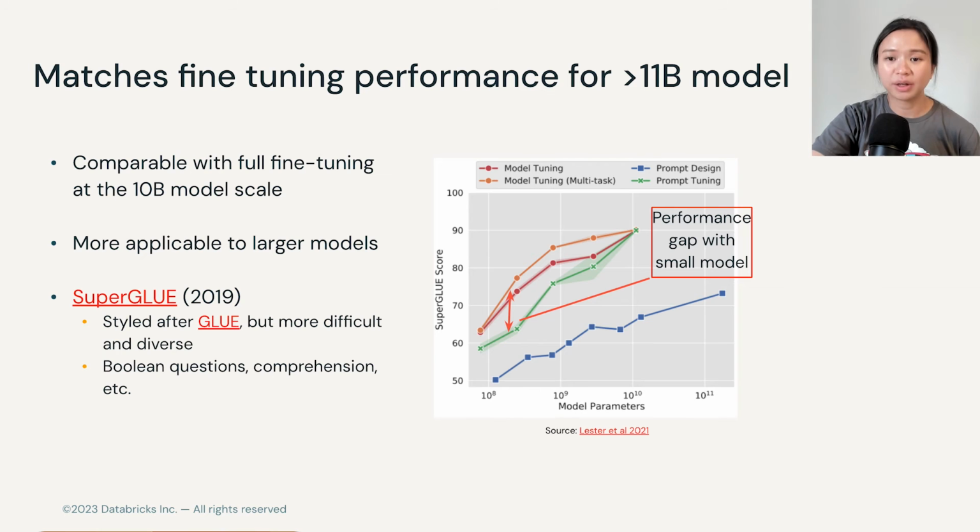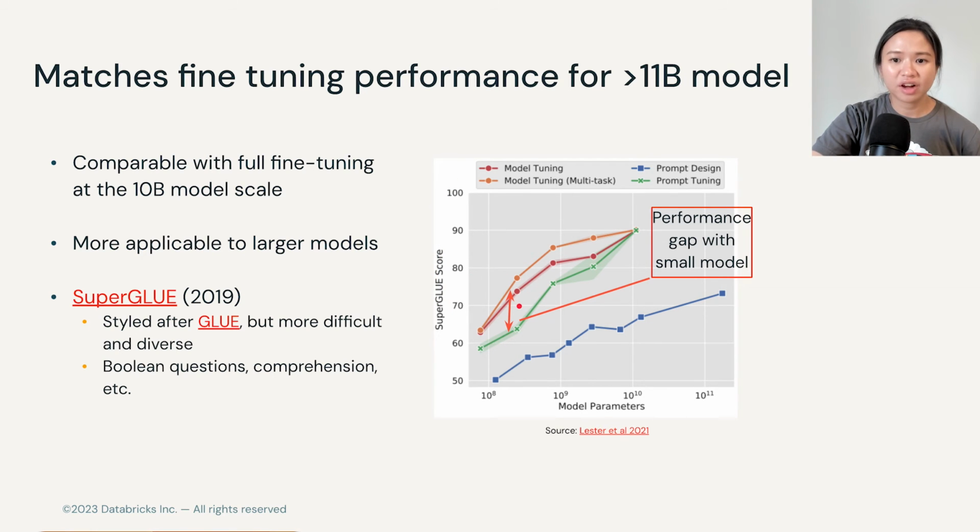What researchers found is that for larger models, especially at more than 11 billion parameter scale, prompt tuning matches the performance of full fine-tuning. SuperGLUE score is a benchmark that's styled after GLUE that contains a variety of tasks, including answering Boolean or comprehension questions. So the higher the score, the better it is.